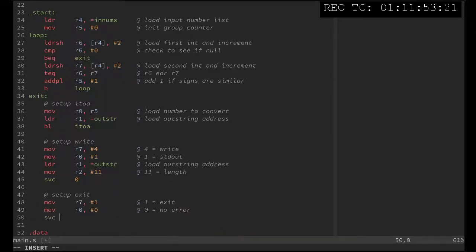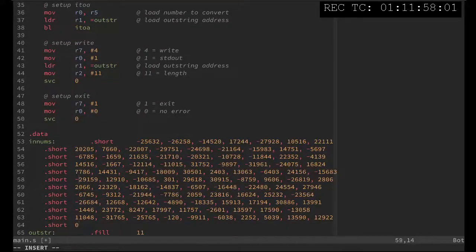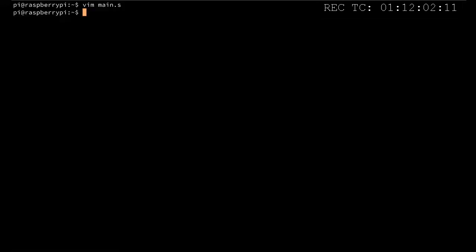And then supervisor call 0. And then that should be everything. So let's try compiling this and see what we get. I'm going to run this by using our makefile, and then run the program, and we get 27, and that's what we should get.